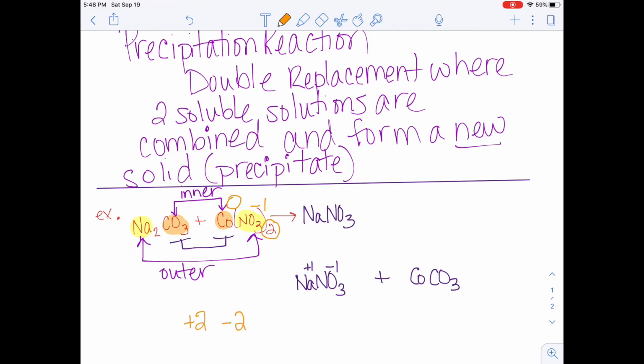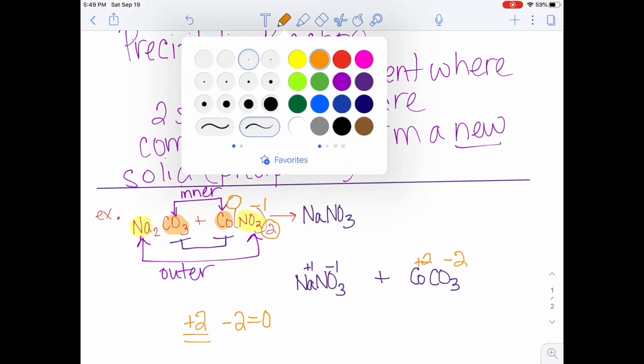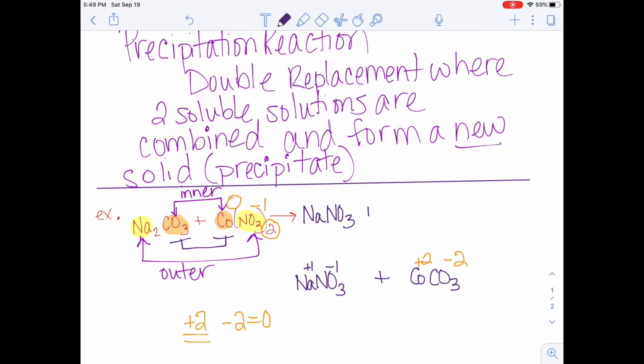Therefore, cobalt must have a total +2 charge in order for that compound to be neutral or add to 0. So cobalt has a +2 charge. Carbonate, if you look on the polyatomic list, has a -2 charge. So now +2 and -2 add up to 0. So we only need one cobalt atom and one carbonate ion.